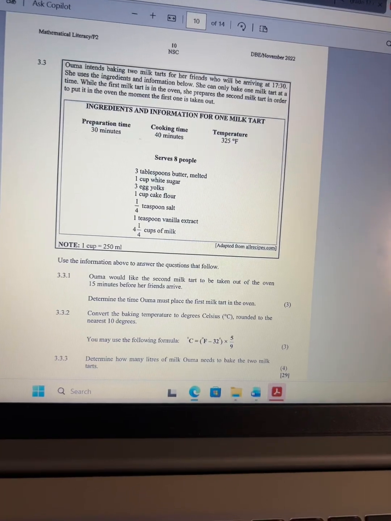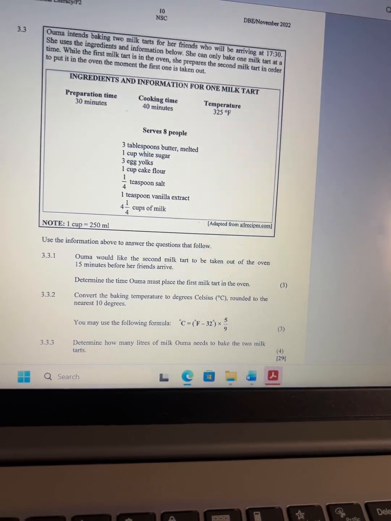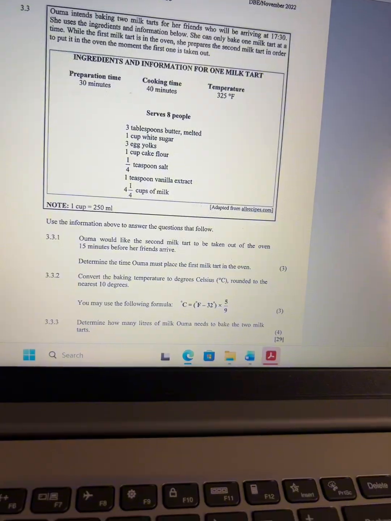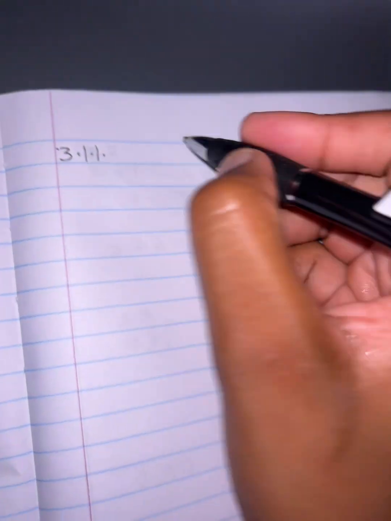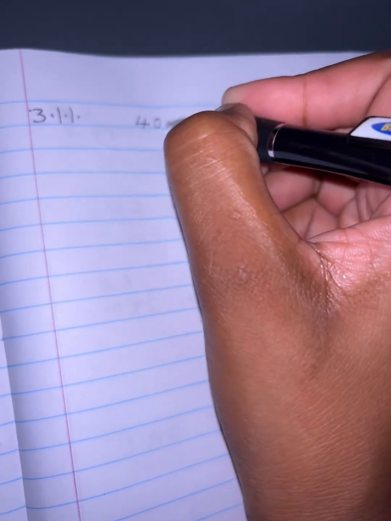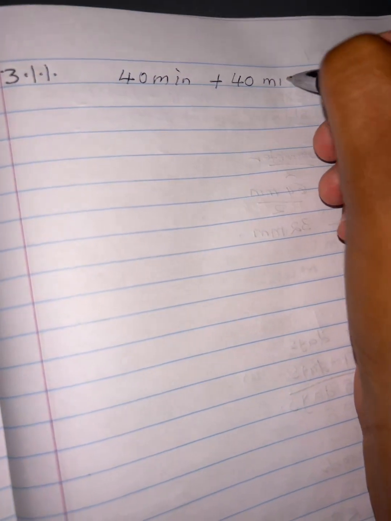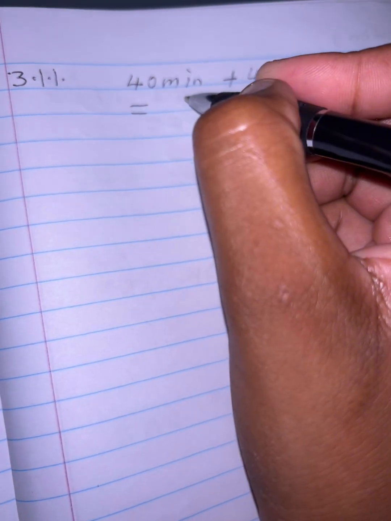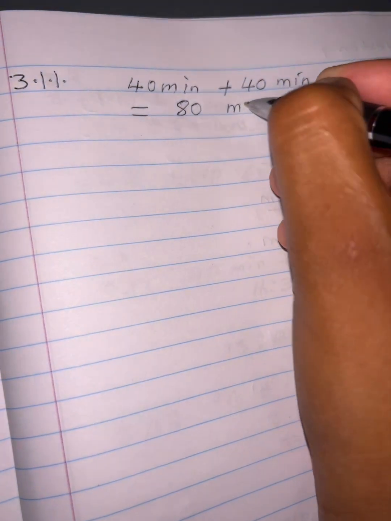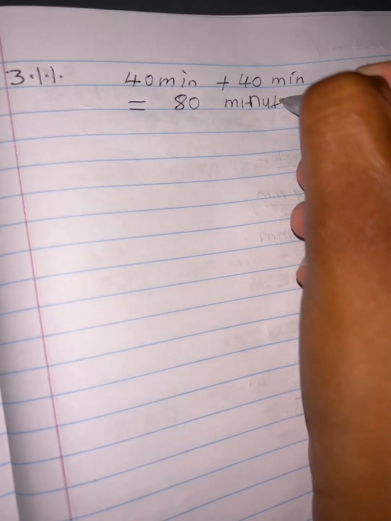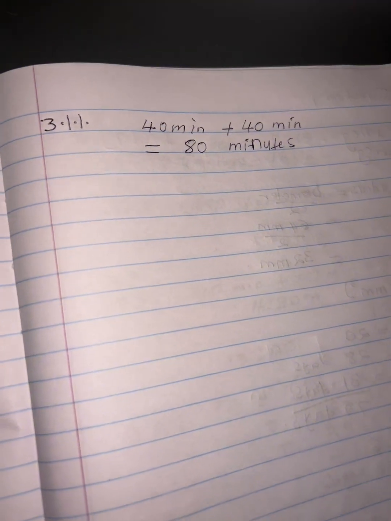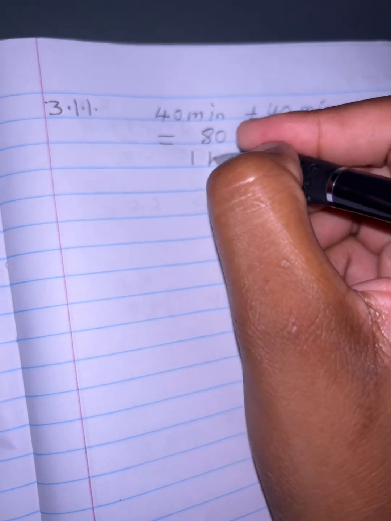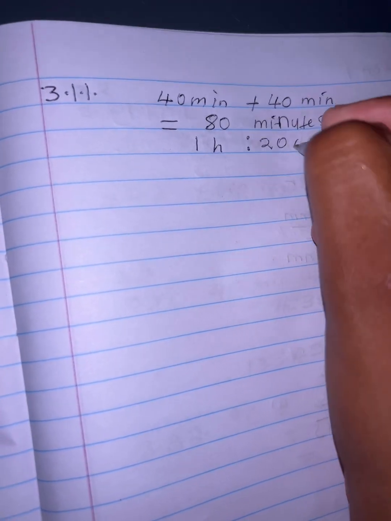So what I can do is add those minutes. 40 minutes of baking the first tart, and 40 minutes of baking the second tart, and then it will be 80 minutes. In 80 minutes we have 1 hour and then 20 minutes.